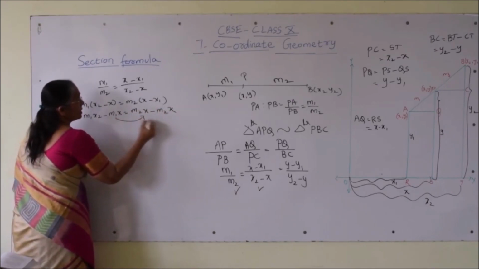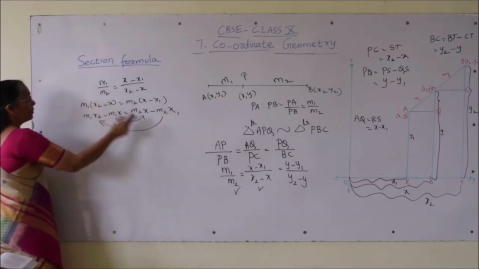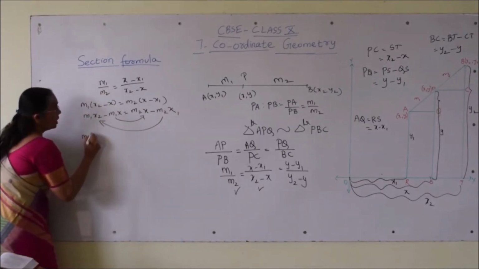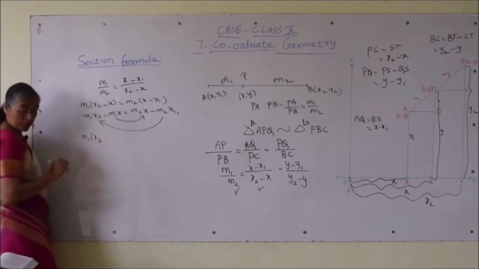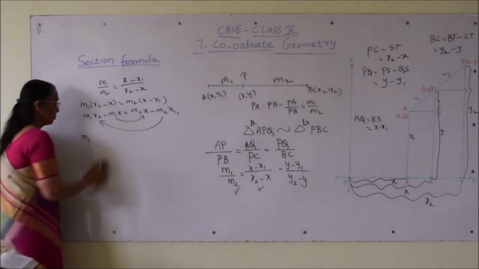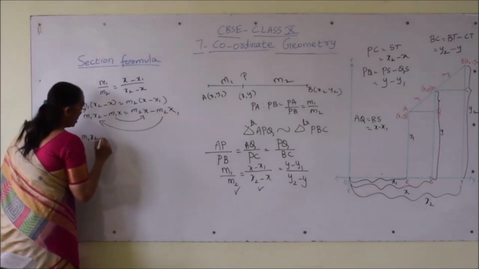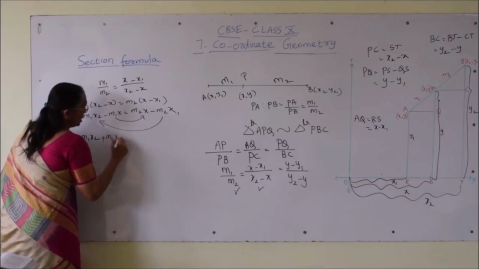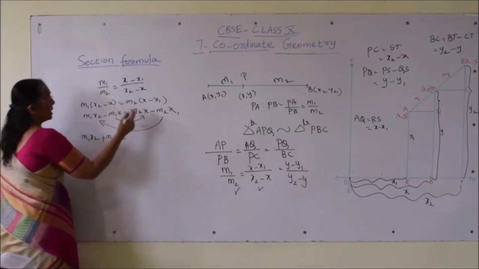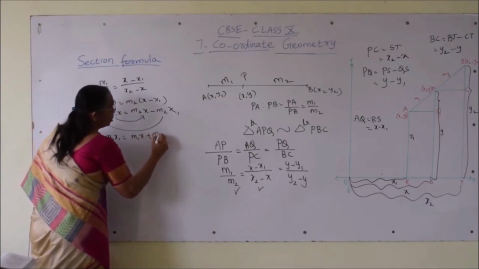Let me take this x term here and this x1 term this side. So, we will get m1 x2 plus m2 x1 is equal to, taking this m1 x this side, m1 x plus m2 x.